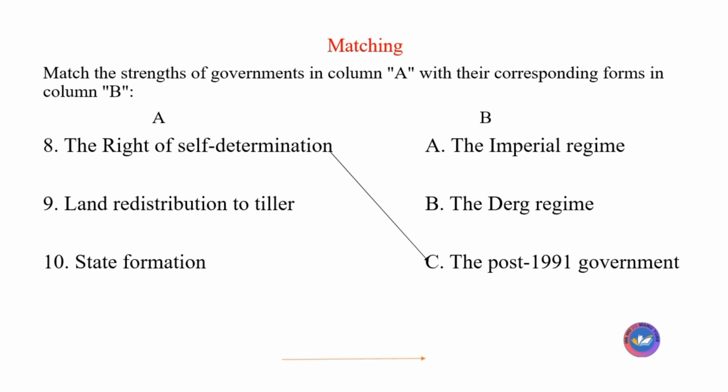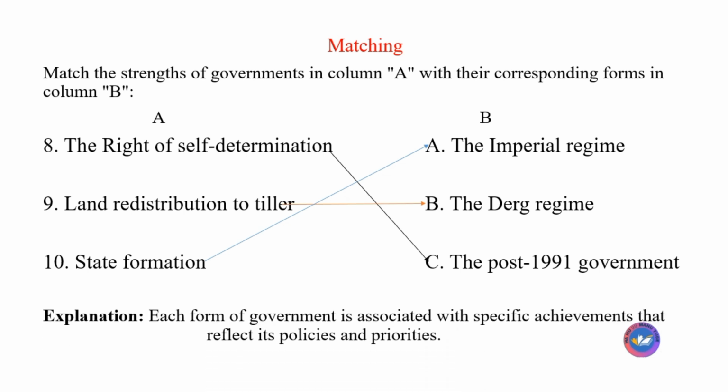Land distribution to tiller is the Derg regime. And state formation matches with the imperial regime. Each form of government is associated with specific achievements that reflect its policies and priorities.